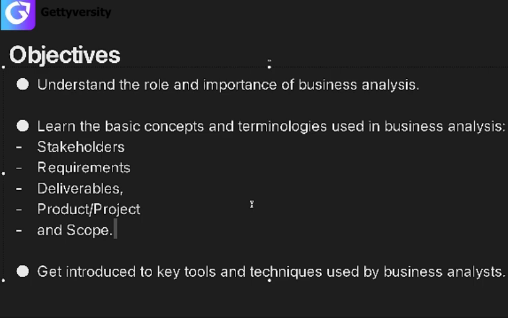So now I am going to explain what and how this role of facilitating communication between stakeholders and the development team works, right?